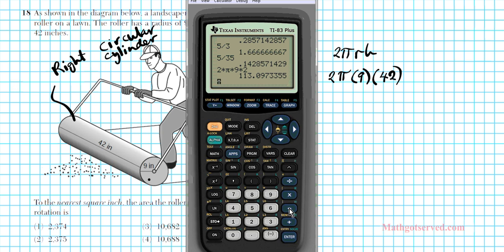So second function entry, I was supposed to put 42 here, so 42, 2 pi RH, enter. So we have 2,375. All right, so the answer is our lateral area is approximately 2,375 square inches. That's how much area the roller covers in one complete rotation.